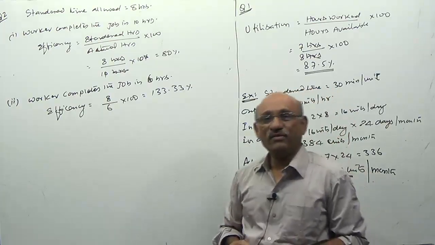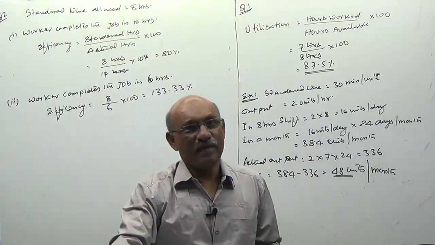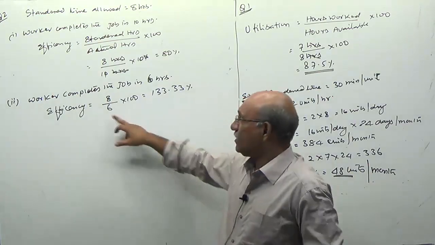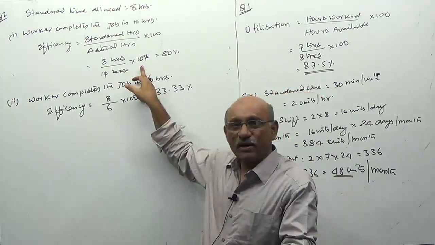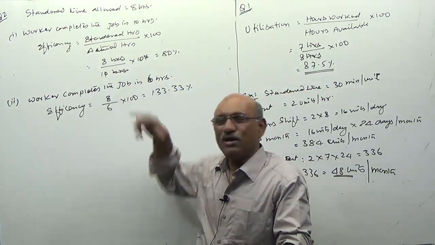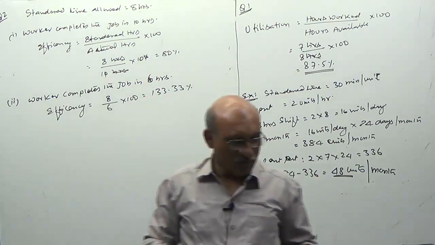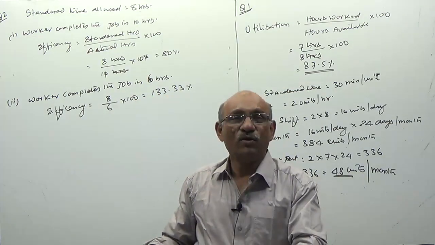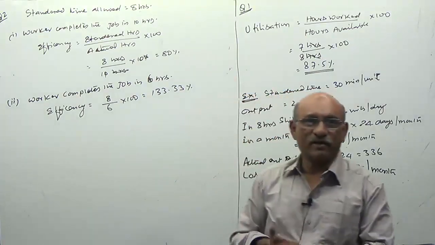So this way, based on the efficiency, bonus is given because here labor productivity is more. Labor productivity is more than 100%. Here labor productivity is less than 100%. Productivity is the index of performance, how the organization is doing well. This is evaluated with the help of productivity.